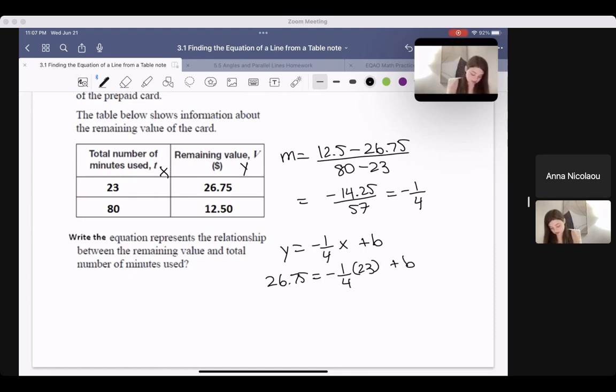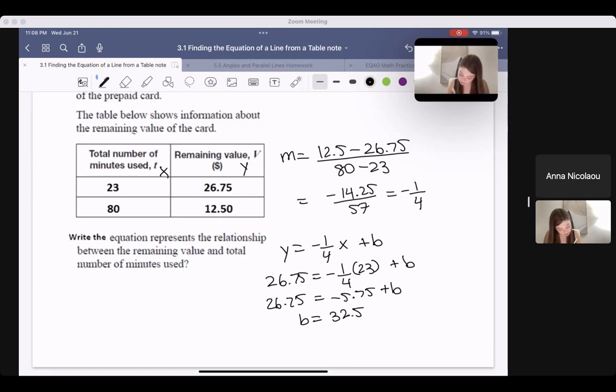As long as you just choose a point and stick with it, you'll be good. So that's going to be negative 5.75 plus b equals 26.75 over here. And then we add 5.75 to both sides. And we end up with b equals 32.5.